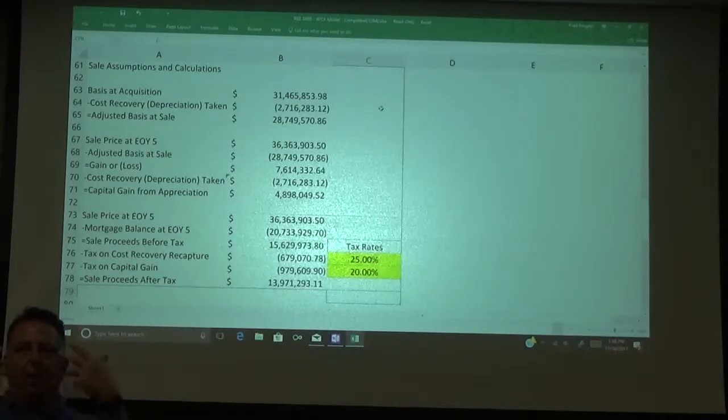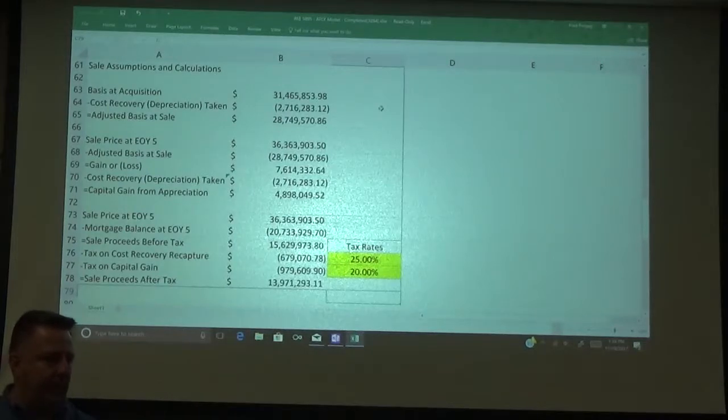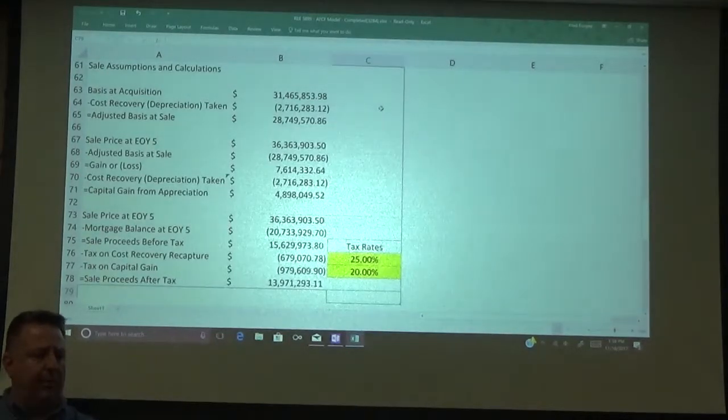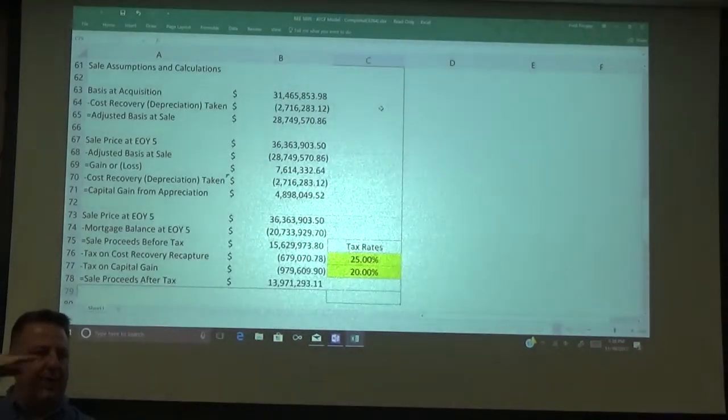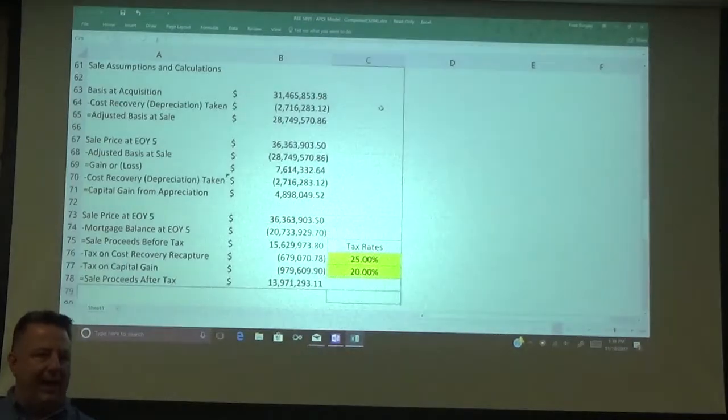So in other words, if I go out and I buy a bunch of new carpet to install in a building, and say that carpet cost me $100,000, I'm going to write a check today for $100,000, put the carpet in, but now the question is whether that carpet is going to be considered a repair and maintenance expense versus a capital expenditure. If it's considered a repair and maintenance expense, I get to deduct the full $100,000 of that expenditure in that tax year.